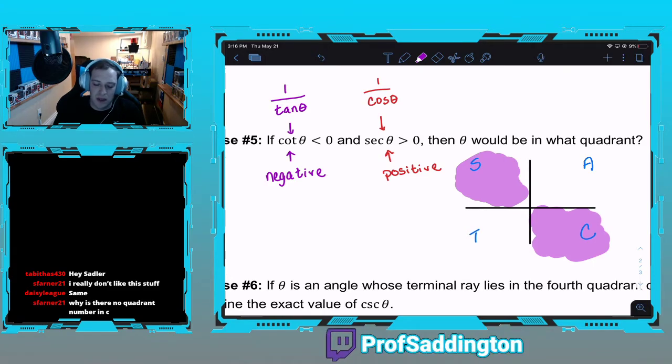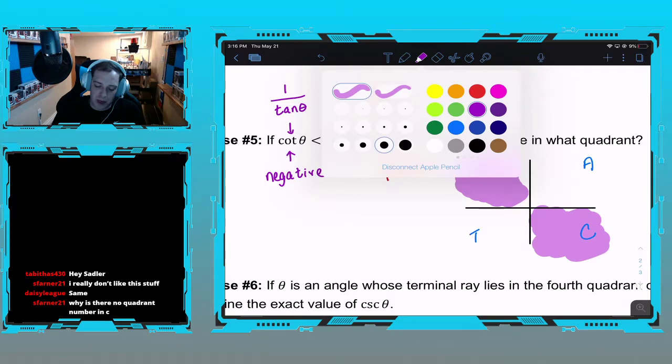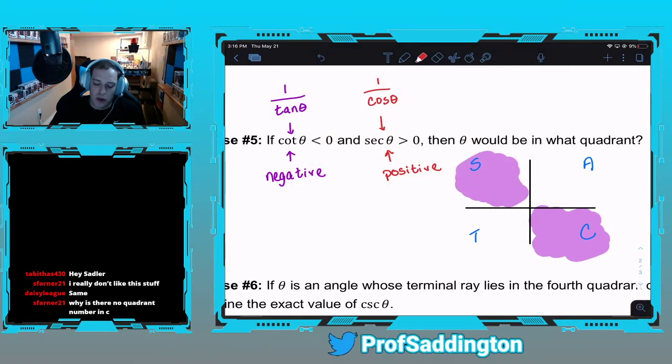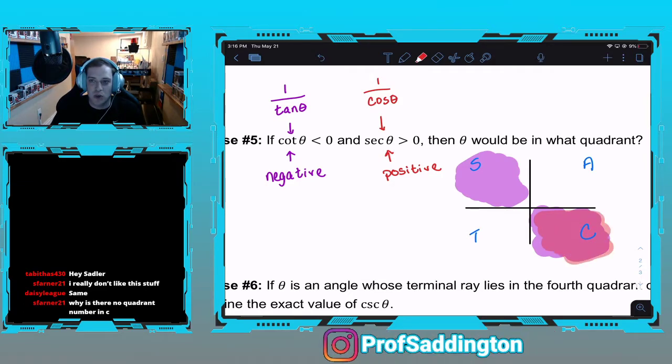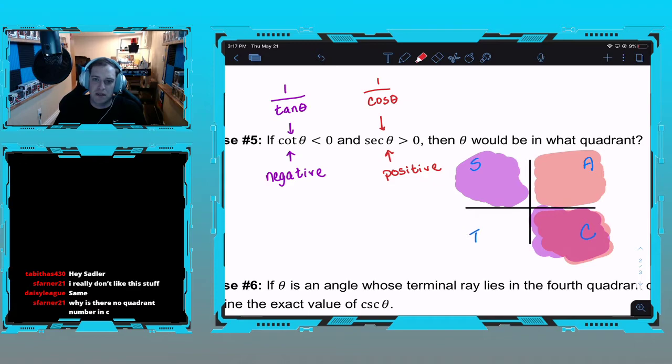Okay? Now when I go to do the next part, 1 over cosine, we're looking for where cosine is positive. Well, we know that cosine is positive down here because that is what the C stands for. And we also know that it's positive up here with the A because A stands for all is positive.